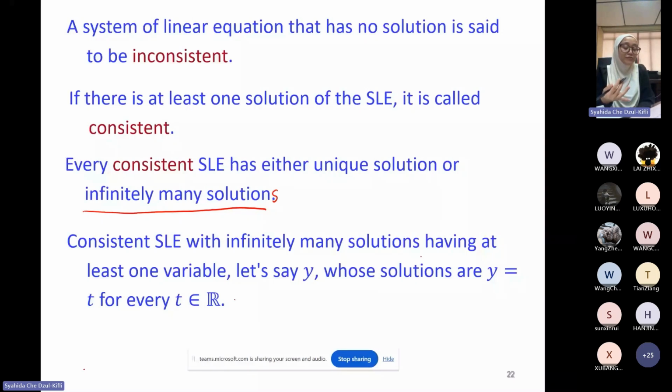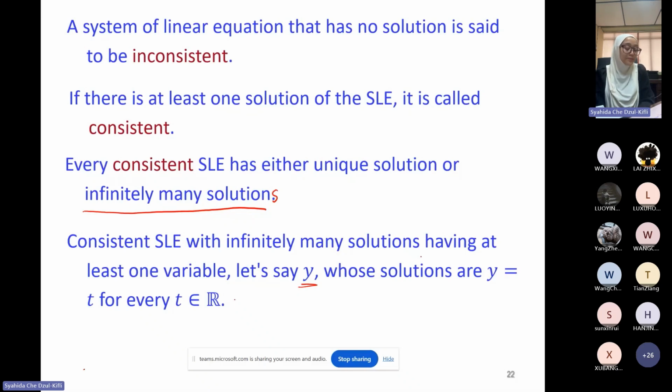Whenever the system has infinitely many solutions, we must have at least one variable, let's say variable y, where y is equal to t, and t can be any real number. You may recall some linear equations which have infinitely many solutions, where we introduce a parameter to write down the solutions, remember?